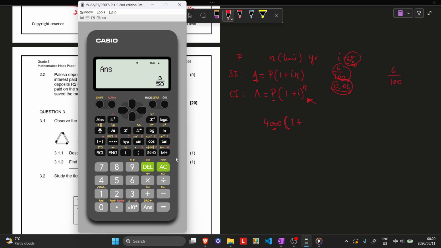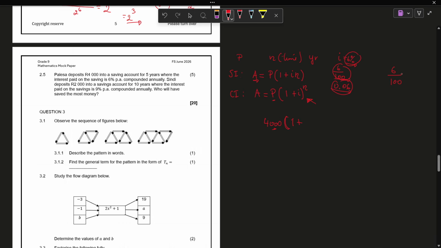I haven't been using a calculator for a long time. So basically this one, 6/100, is basically 0.06. Same number. So this is what we're going to use here, 0.06.